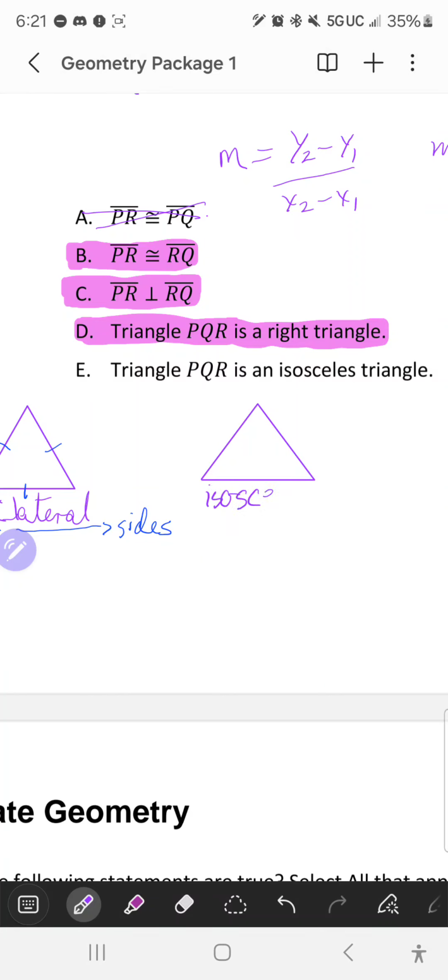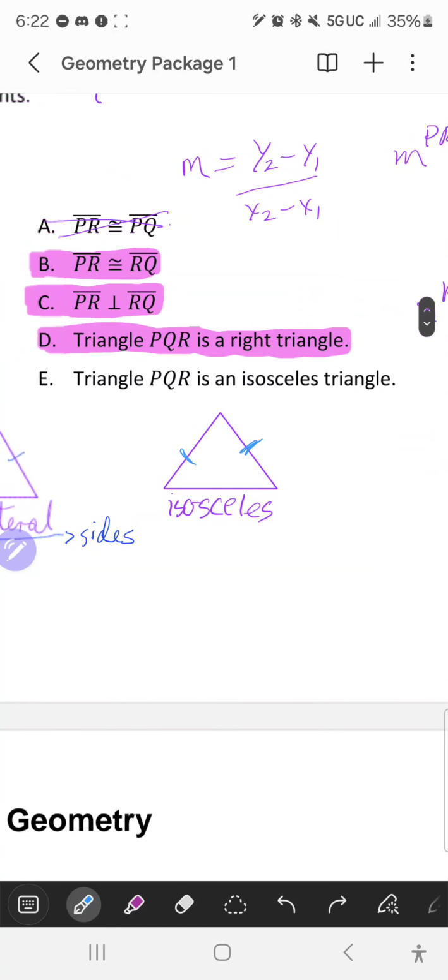Isosceles has only two of its sides equal. So this side is equal to this one, but this side is neither. That's the reason I put a different sign, or you can just leave it blank. And that's an isosceles triangle.